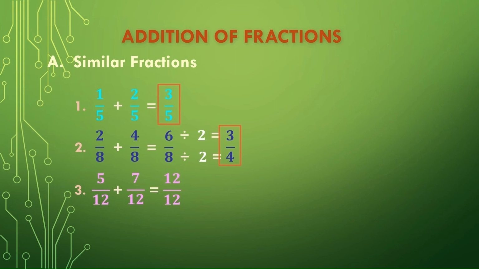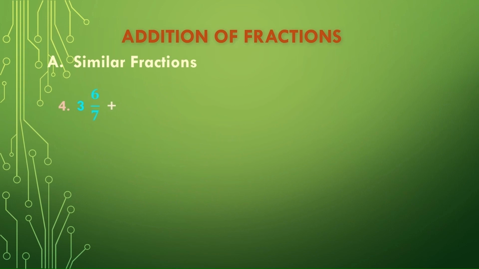The next step is to reduce 12/12 to lowest term. So how do we simplify an improper fraction? It's very simple. Just divide the numerator by the denominator. So 12 divided by 12 is equal to 1. Our final answer is 1.